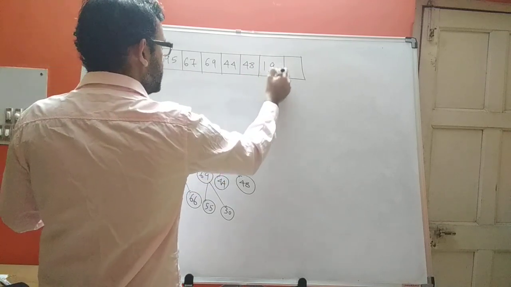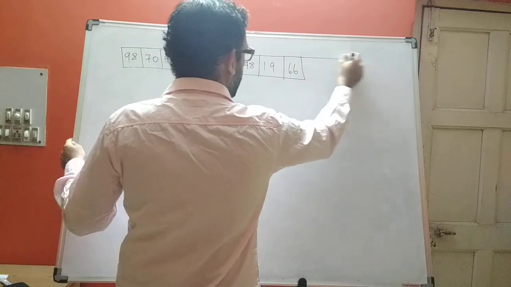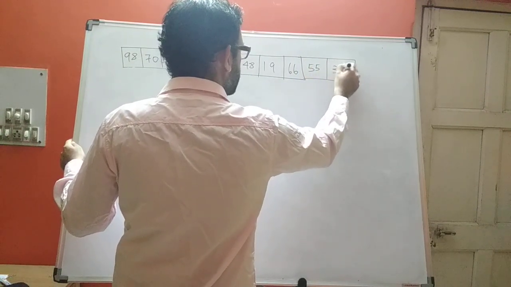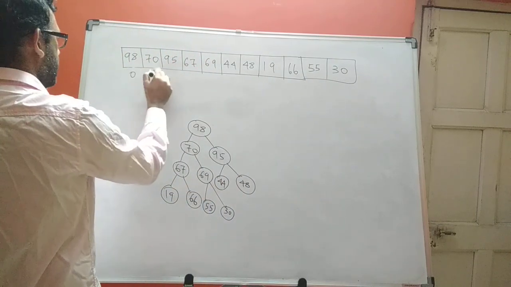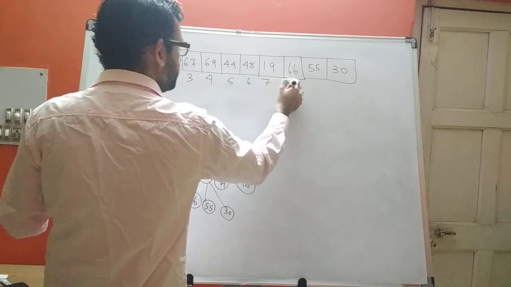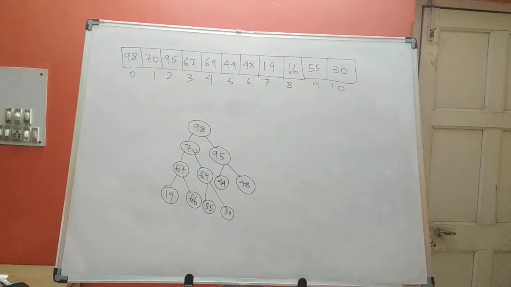Then you would have 19 and then you would have 66. And finally you would have 55 and 30. This is your array, okay? So this is your array of 11 elements.